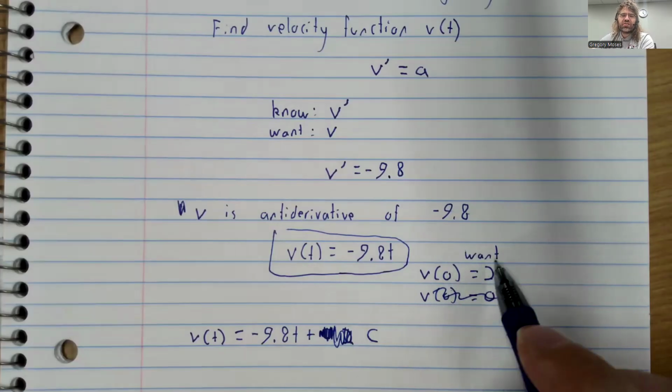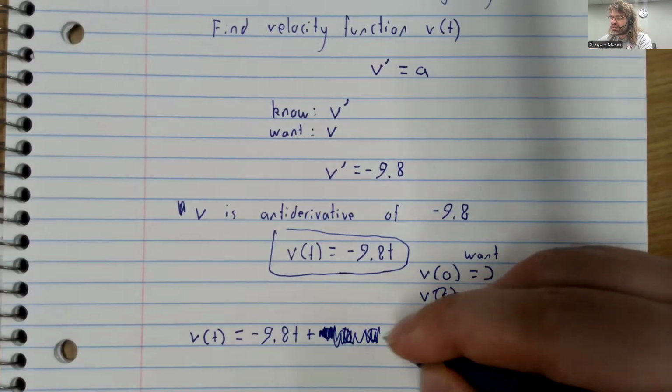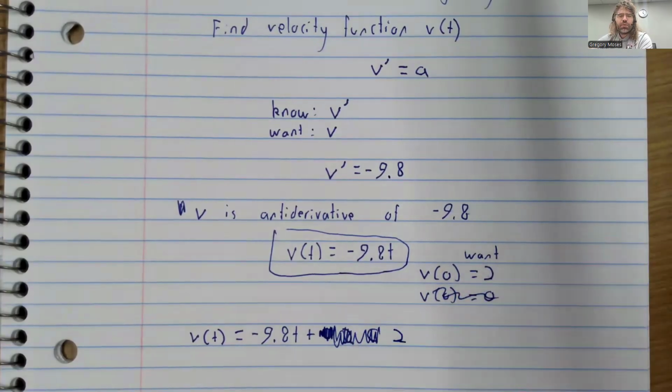To make v of 0 be 2 in this case, we let the constant be 2. So even though we don't want to mess around with a lot of examples of velocity and Newtonian physics, this is very typical of how this material gets used.